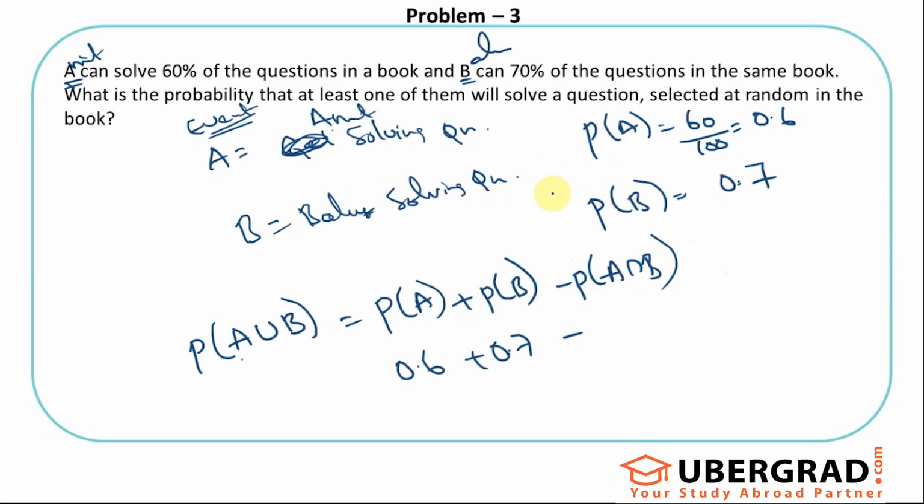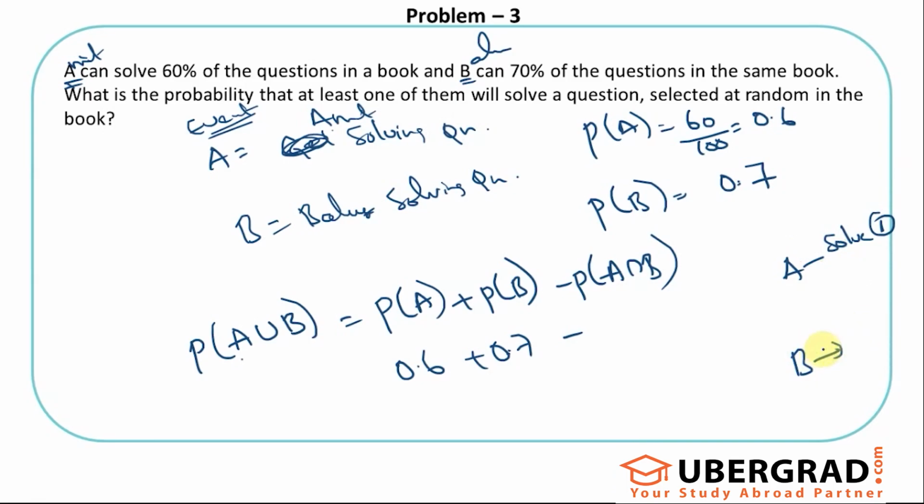But what you need to understand is this. Let me ask you a simple question. Does Amit's ability to solve a question have any impact on Balu's ability to solve a question? I'm just repeating again. If Amit can solve a question, let's say question number 1, would that have any impact on Balu's ability?